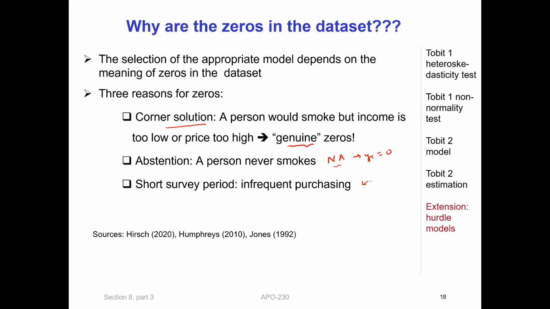A car is usually something you buy only once in several years. So in that case, a zero is not necessarily a zero because the person decided to consume no car, but just because it's not observed in that period. So the data could be missing or not applicable, like I said.